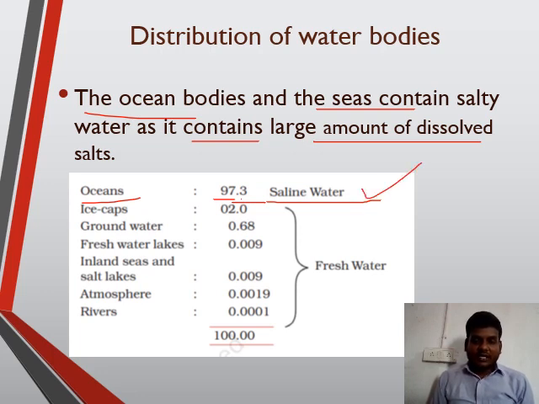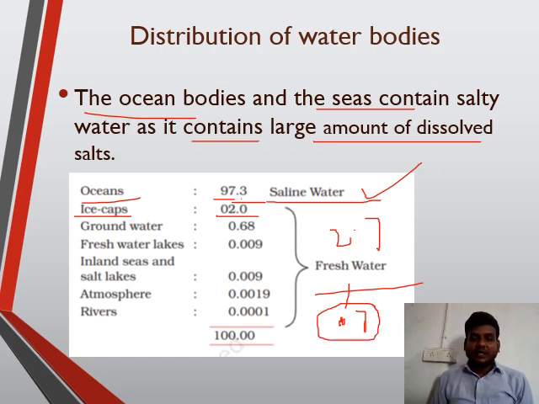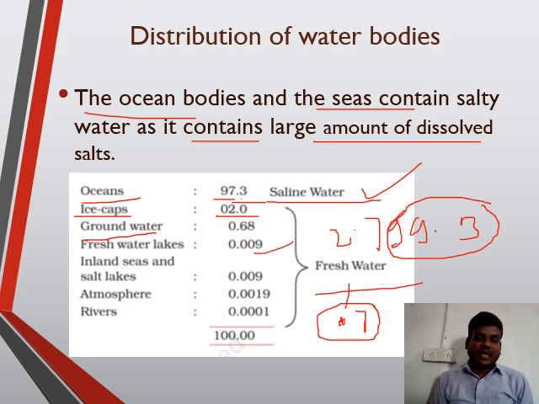Groundwater is 0.68%, freshwater lakes 0.009%, inland seas and salt lakes 0.009%, atmosphere 0.001%, and rivers 0.001%. This is the distribution of water on our earth.